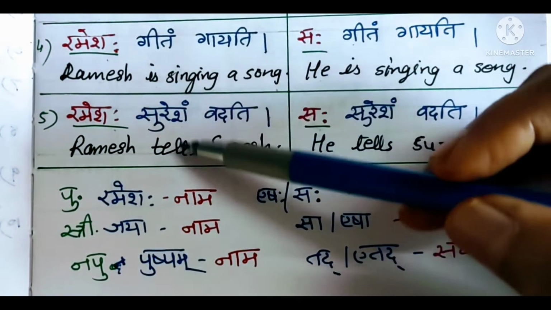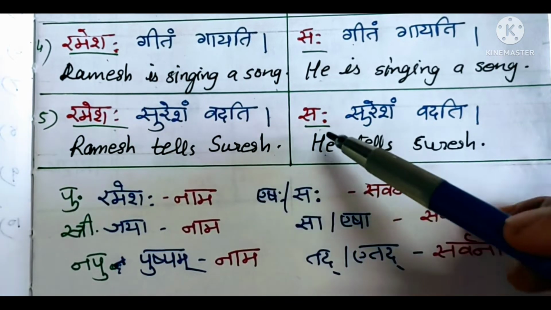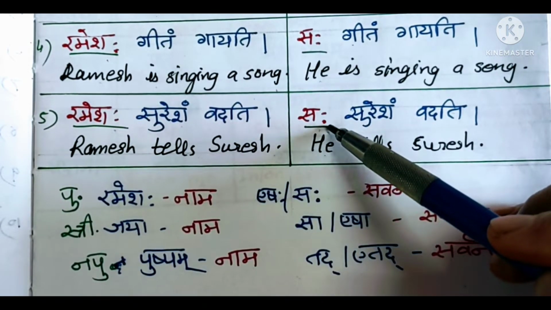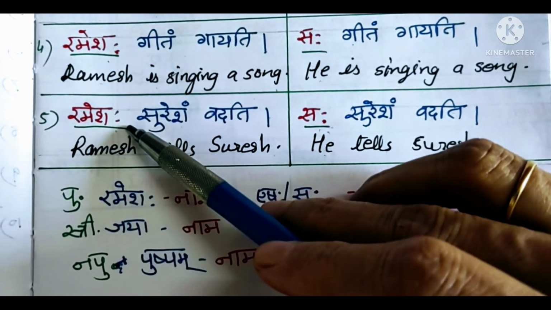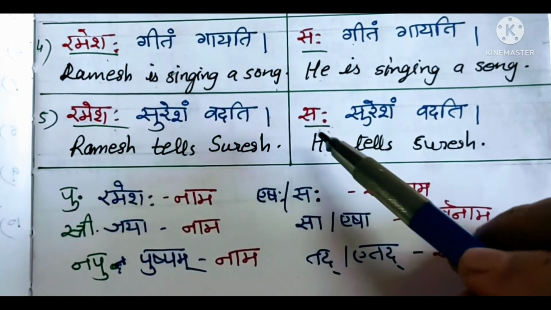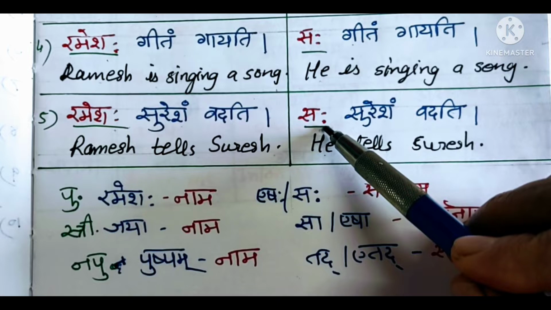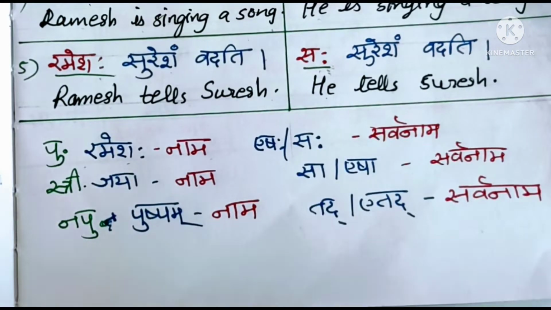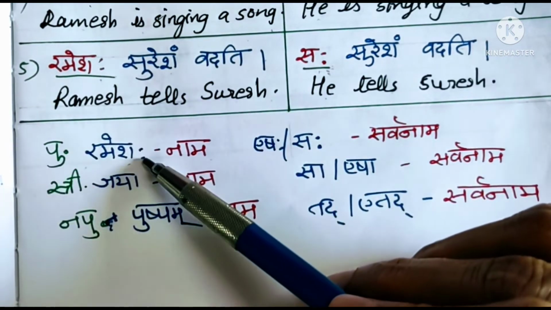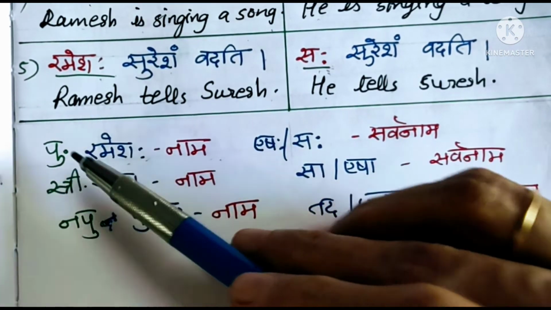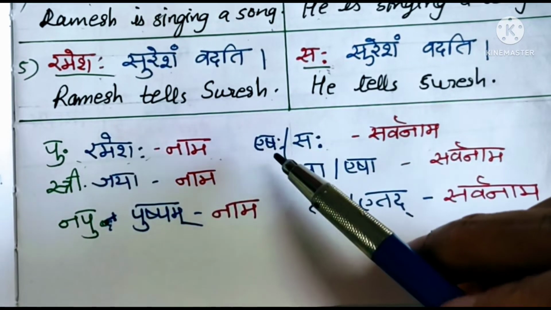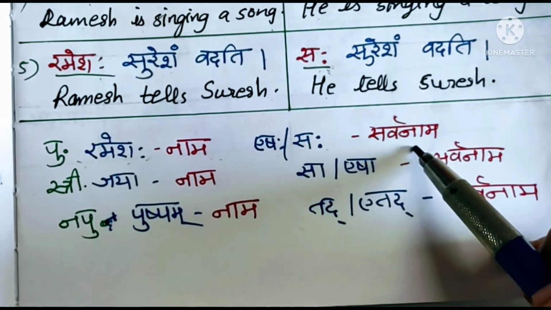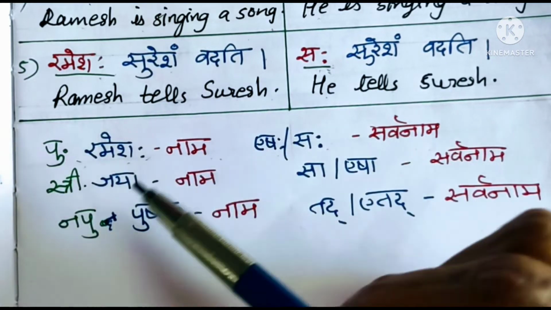So, in all these sentences, when we say Sah, we are replacing the word Rameshah. Rameshah is an akaranta pullinga shabda. So, we are using pronoun also in masculine form, ekvachanam, Sah. In this, Rameshah is nama, pullinga, and Sah is a sarvanam. Also, Esah is Sarvanam for Pullinga Ekvachanam.